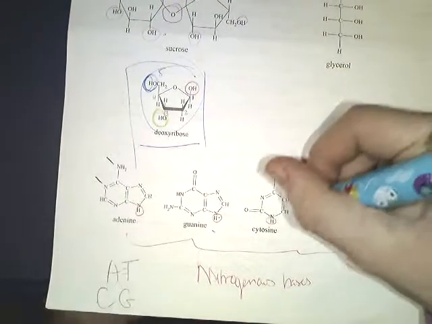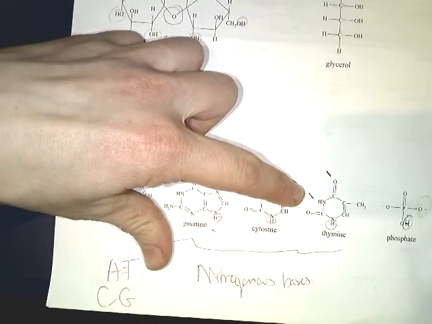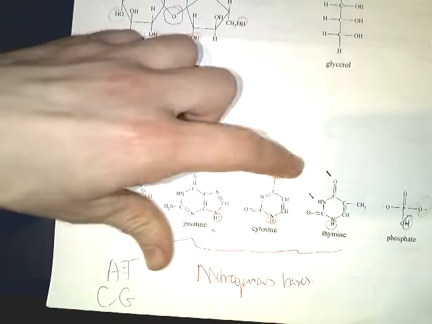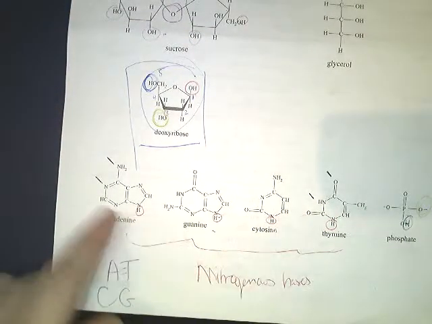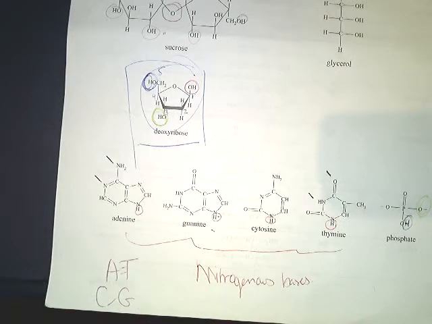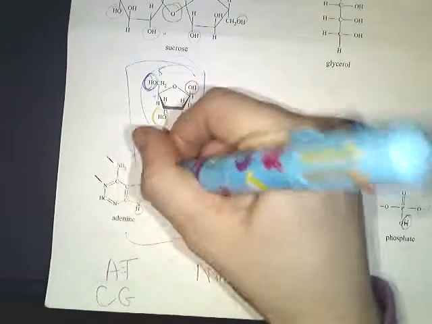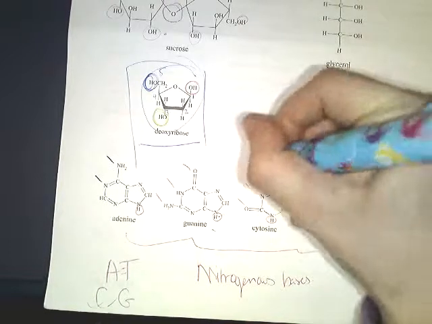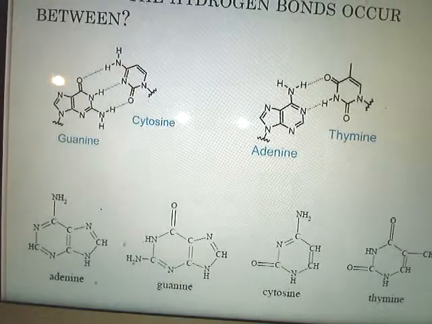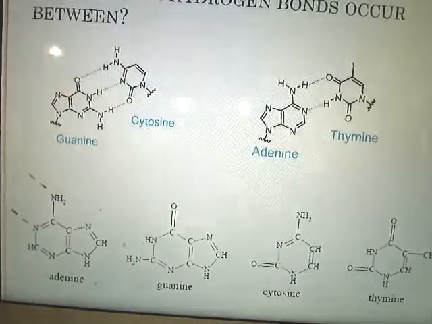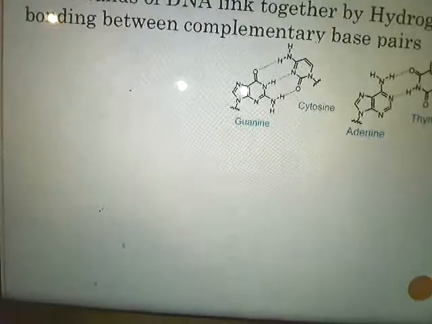This adenine pairs with this thymine. The 2 upper groups are bonding, and the bottom group in thymine is limited by the fact that adenine only has a CH there, and guanine bonds via 3 hydrogen bonds with cytosine. So we'll show that here. These are where the bonds occur. And that's pretty much it for DNA.